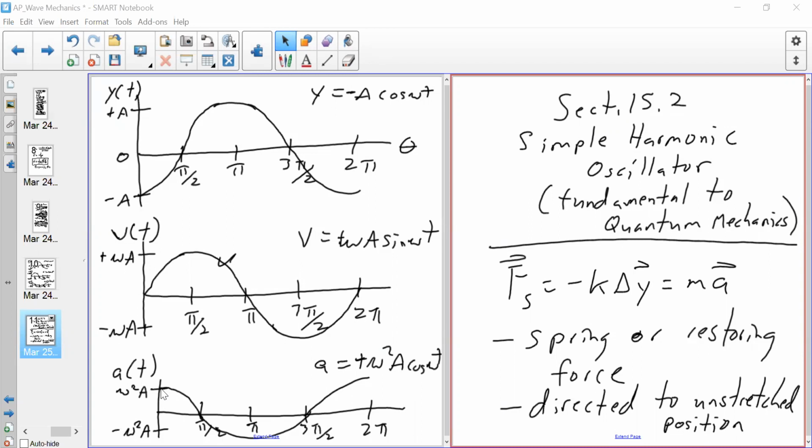And since the force will be a maximum value, the acceleration will be a maximum. We know already from first principles that those directly depend on each other, right? So it all has this kind of beautiful harmony, harmonic oscillator.